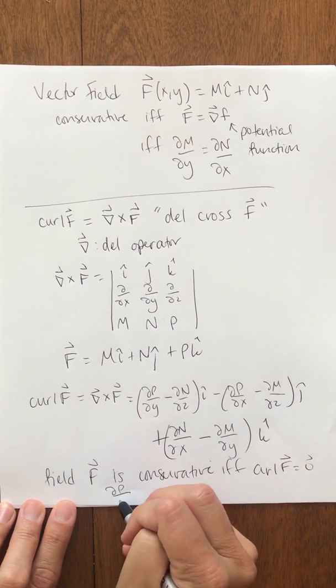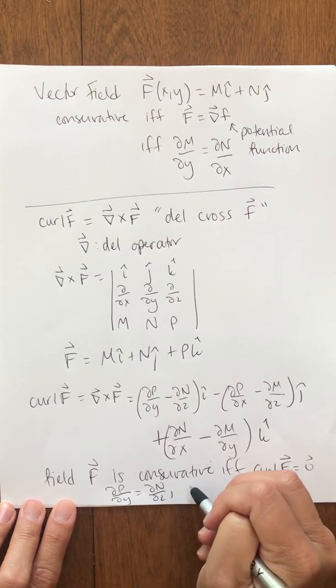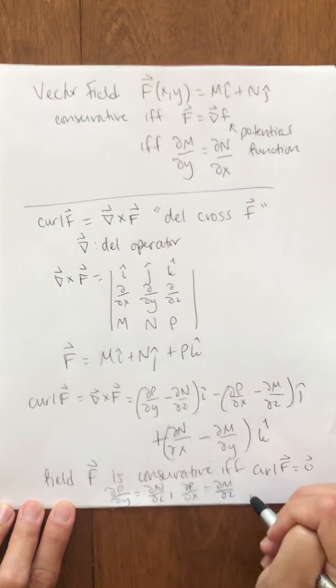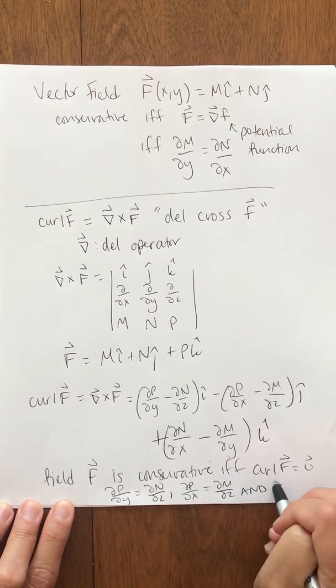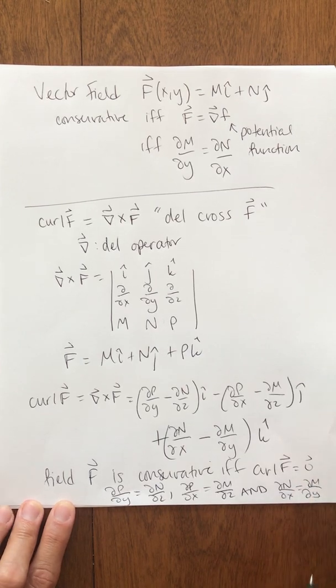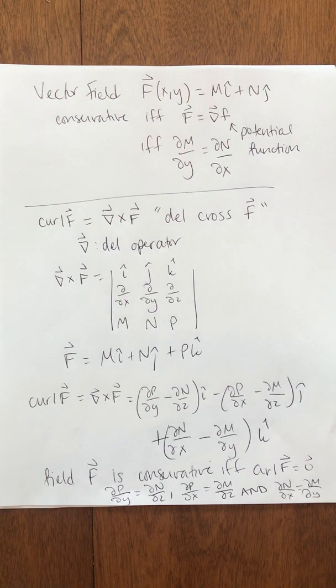So the partial with respect to y is equal to the partial with respect to z, the partial with respect to x is equal to the partial with respect to z, and the partial with respect to x is equal to the partial with respect to y. If and only if all of these are true, then we have a conservative function in space.